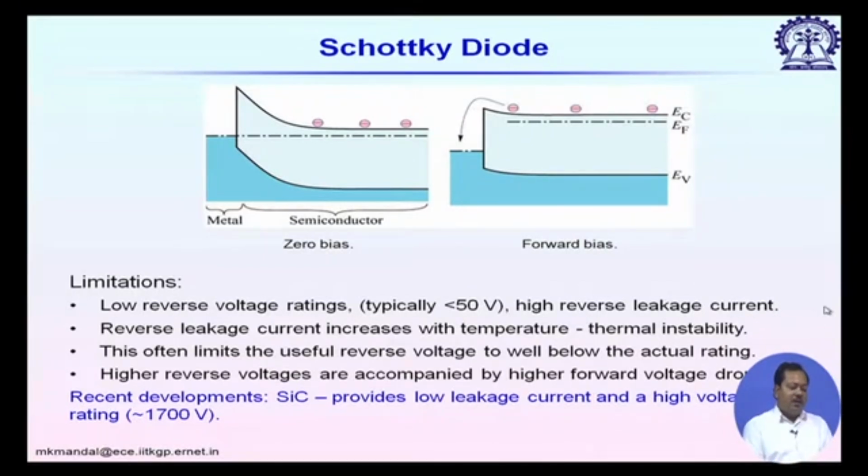Reverse leakage current increases with temperature, that is one more problem, and due to that we have instability because of temperature variation.